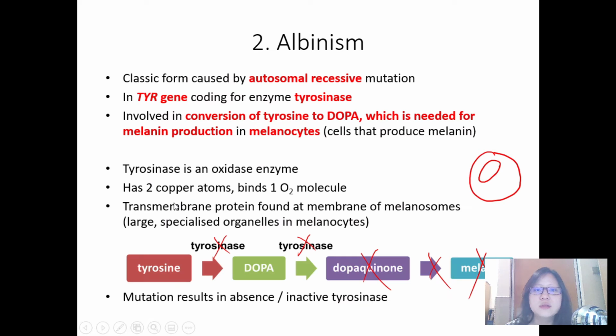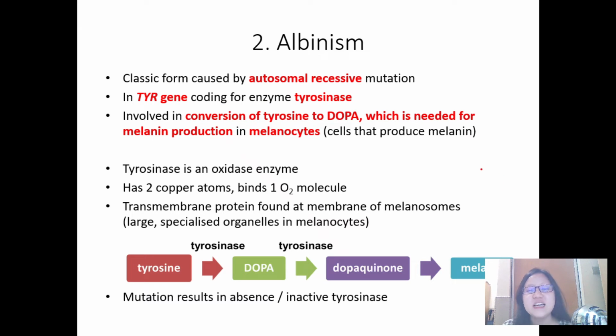Crazy. So very important to realize that it's autosomal recessive. This means that the trait is uncommon, yeah, and the person would need two recessive alleles in order to be albino.